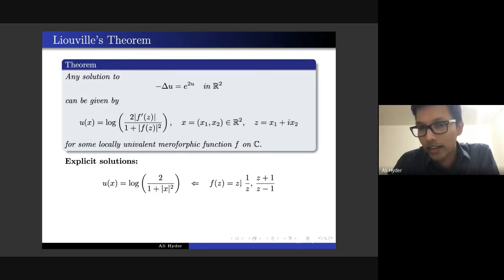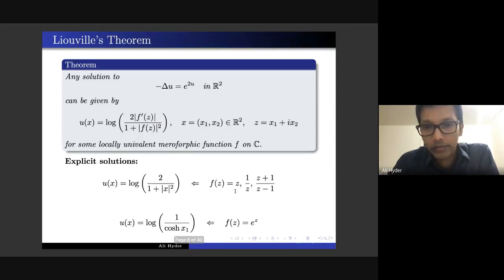More generally, just use a Mobius transformation for these functions, you always get the same function. This is because this PDE is conformally invariant. Okay, so this is one type of solution.